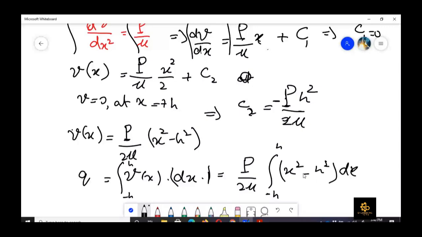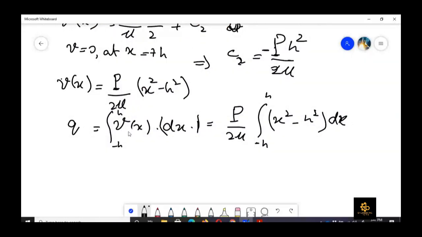If you remember, we did a similar kind of integration for the Poiseuille flow, in which there was y square minus h square into dy. So we know the final relation would be equal to minus 2 by 3 h cube upon mu into p.